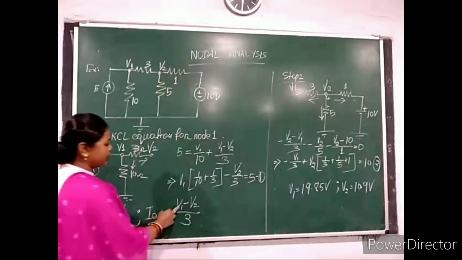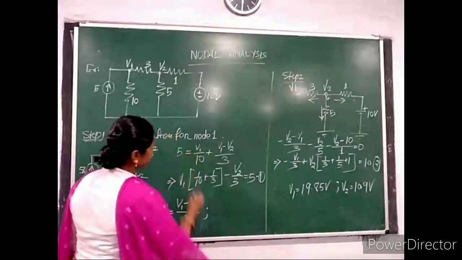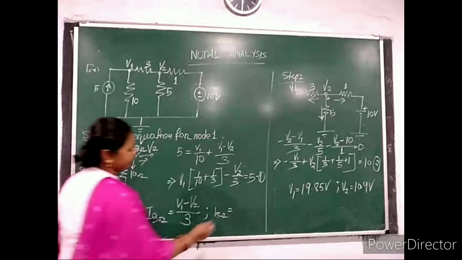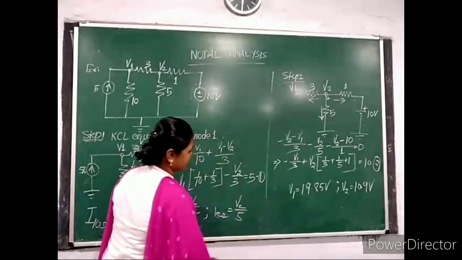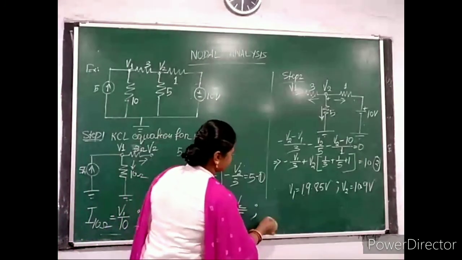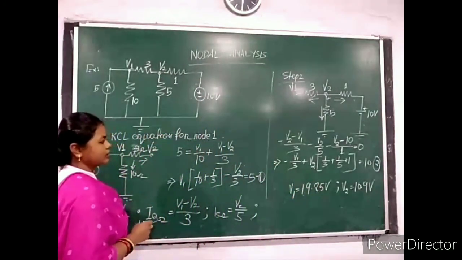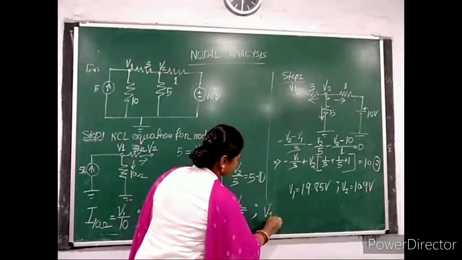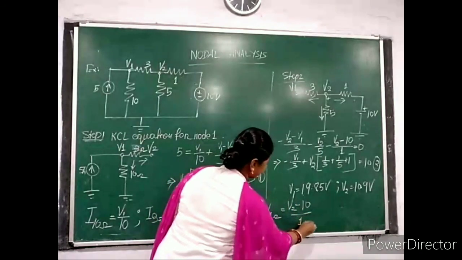You apply the values of V1 and V2 and find the value. Then through 5 ohm it is V2 by 5. Through 1 ohm, I see the V2 voltage is greater than 10 volt, so you subtract 10 from V2. Through 1 ohm it is (V2 minus 10) by 1.